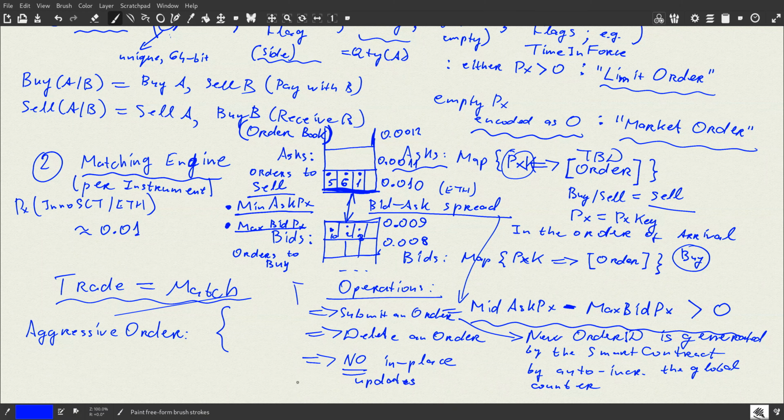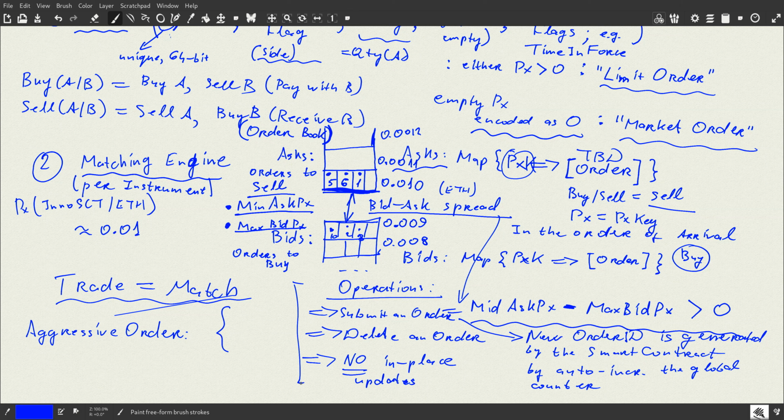And for that reason, if you delete an order and resubmit it, then it would be a new order with a new order ID and possibly new price, quantity. You may even change the side, because what you do is simply a resubmission. It was an order to buy, now you want to sell, for example. Why not? It is a completely different one.